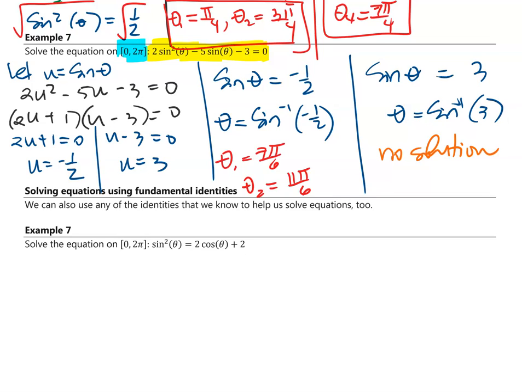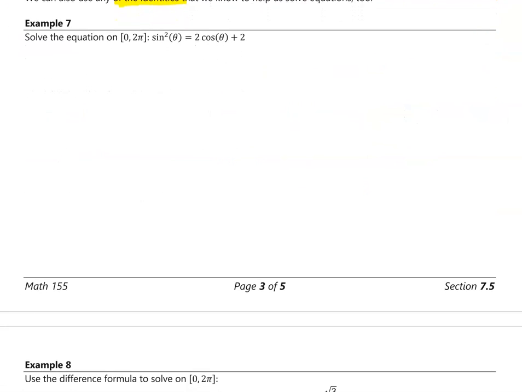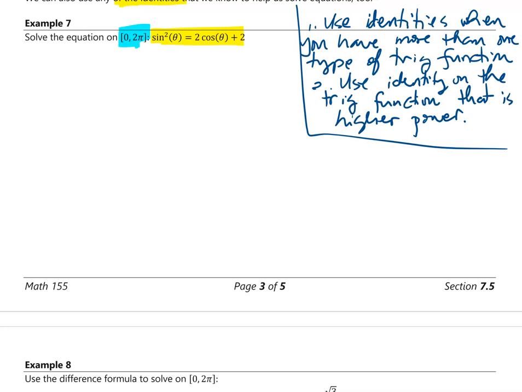Okay. Next, we can also use any of the identities that we know to help us solve equations too. Like example number 8. Solve the equation on the interval 0 to 2 pi given sine squared theta is equal to 2 cosine theta plus 2. With this, I use identities when you have more than one type of trig function.